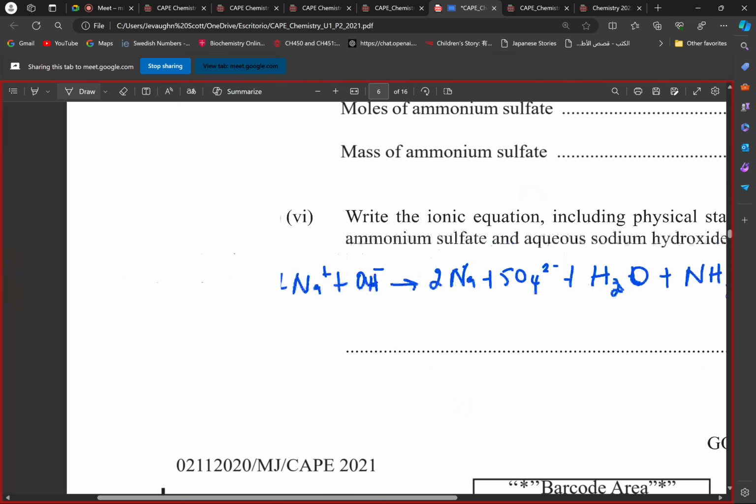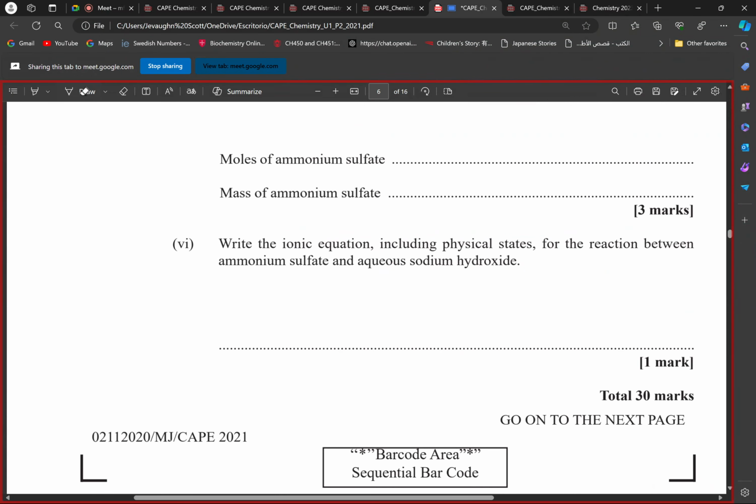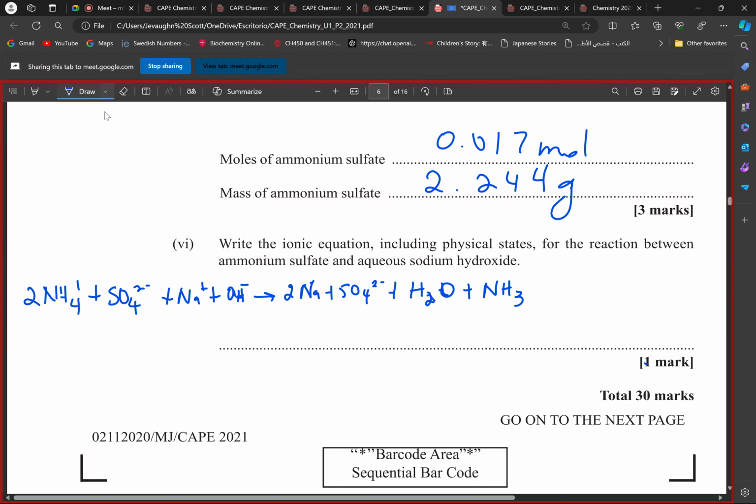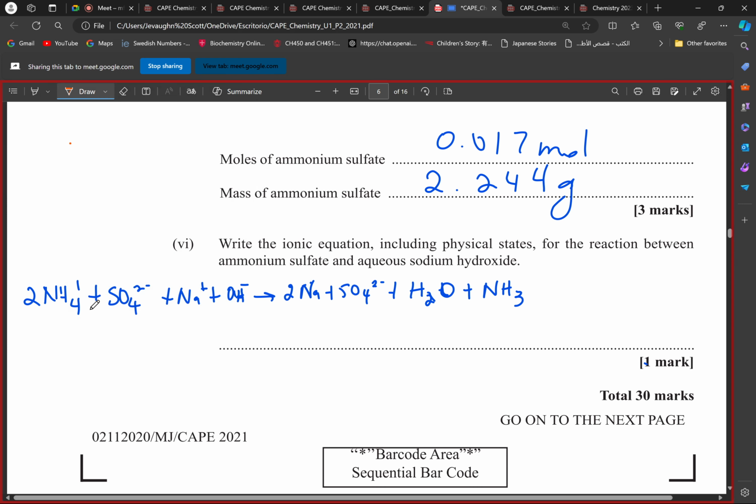Okay. Now what's gonna happen here now? So all of these will be aqueous.